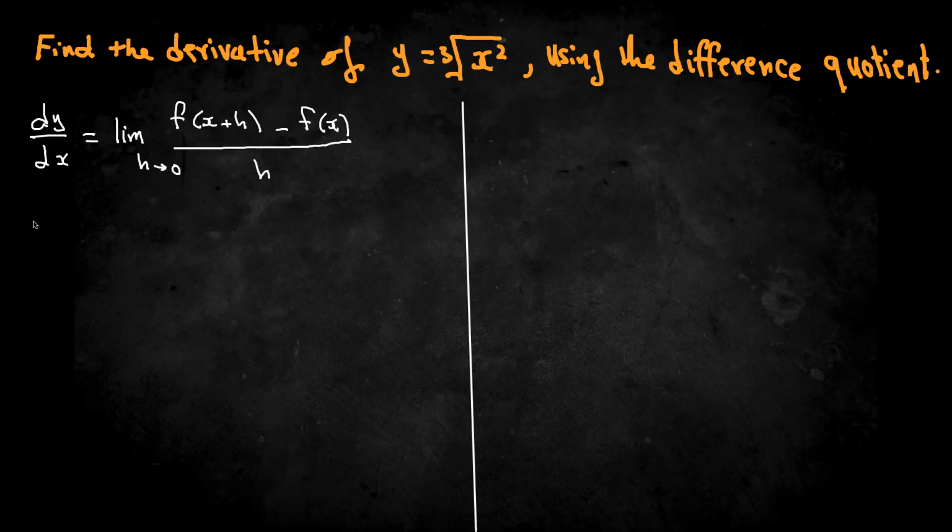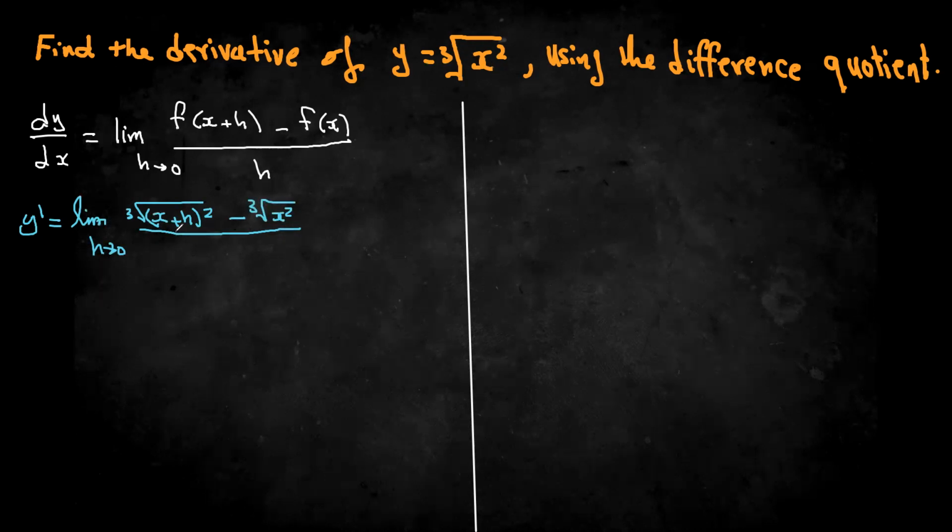So dy over dx, also called y prime, would equal the limit as h goes to 0 of the cube root of x plus h, squared, minus f of x, which is this. We just added h to the x in the function notation, and that's what the equation should look like. And we have h on the bottom.